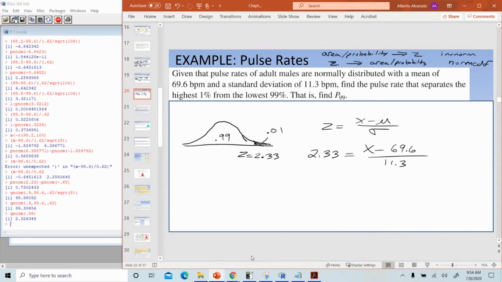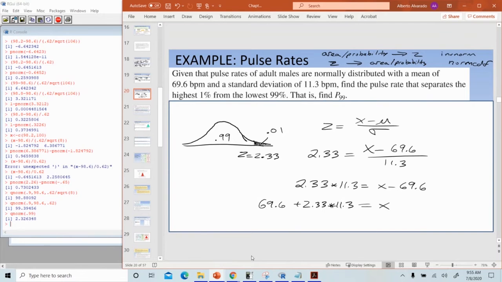So if I multiply both sides times 11.3, I'm left with this, and I'm not even going to calculate yet. I'm just going to do the final step, which is I would have to get x by itself. I'm going to add 69.6 plus 2.33, and that's how I'm going to type it in.